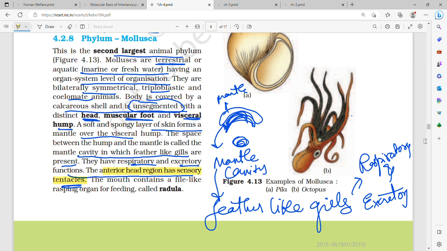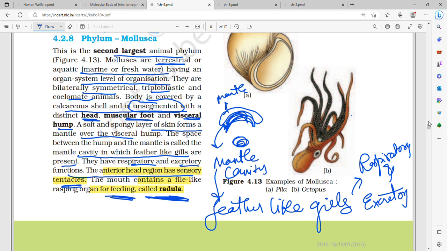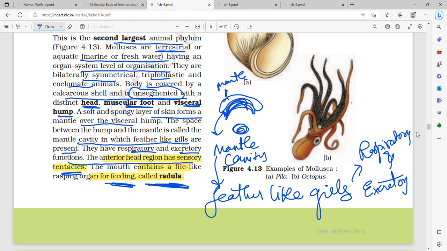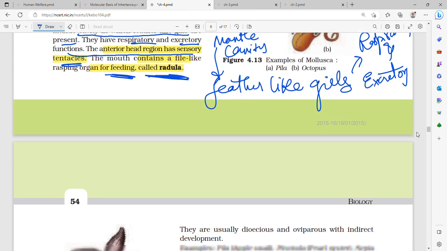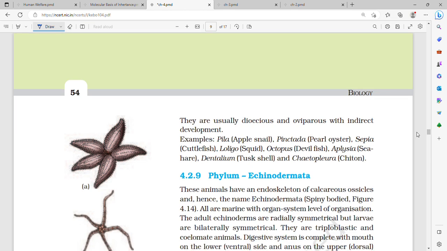The mouth contains a file-like rasping organ for feeding, which is called radula. They are usually dioecious and oviparous with indirect development.